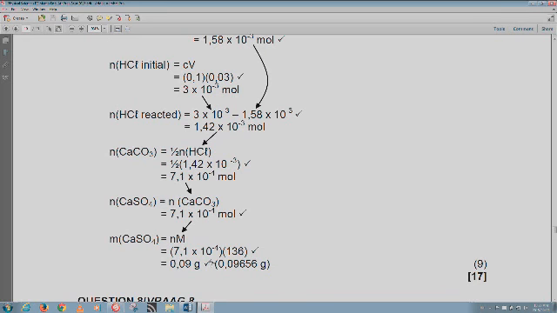If the learner rounds off here, the learner might get 0.10 grams, which is 0.1. If the learner says the final answer is 0.1, the learner has rounded off correctly, so the learner will get the full marks there. So those will be the 9 marks of question 7.